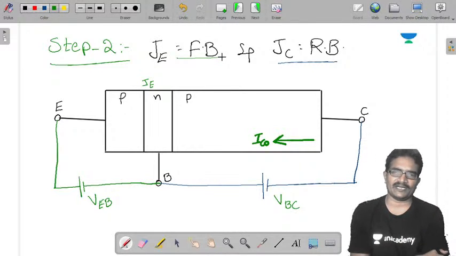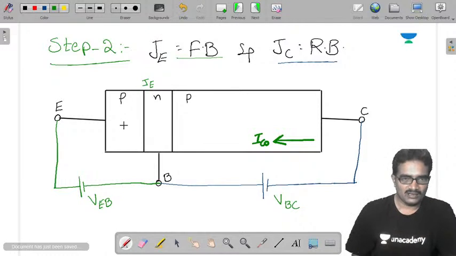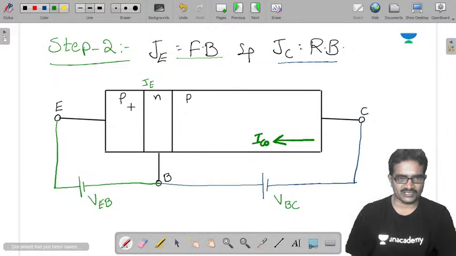Once it is operating in forward bias, we can expect movement of majority charge carriers. So I am taking the movement of majority carriers.